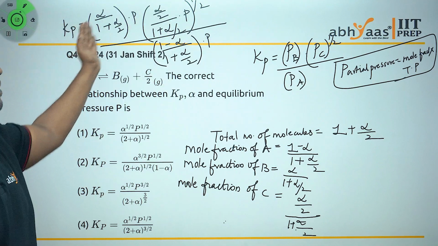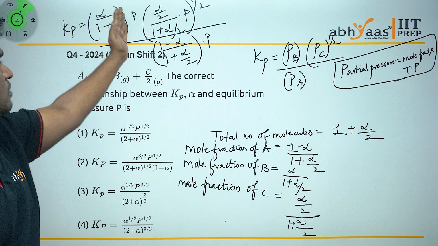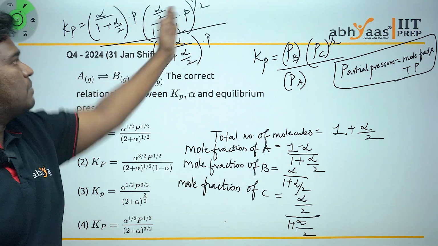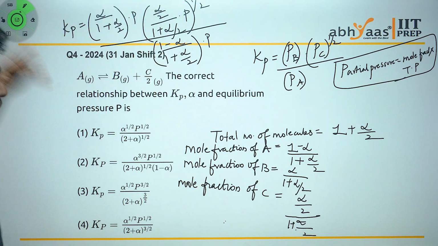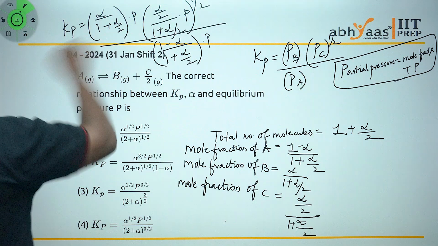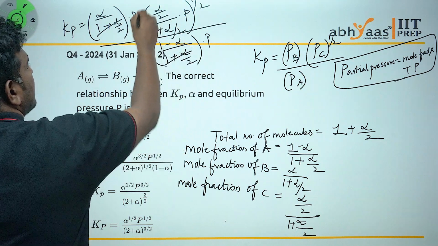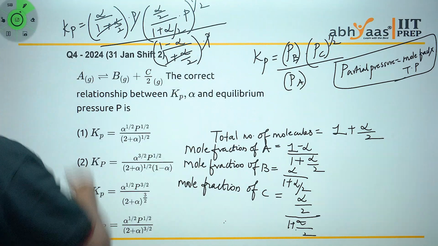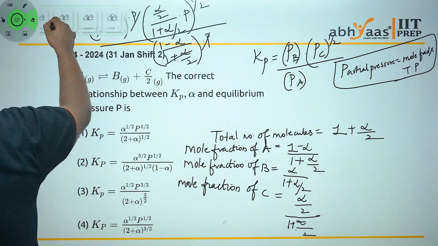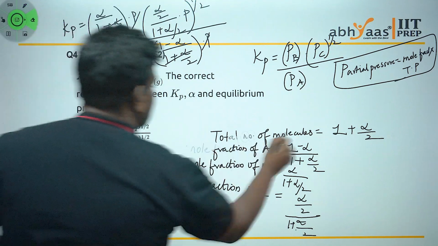Now it is simplification. I can simplify this 1 plus alpha by 2 and this 1 plus alpha by 2, and this P and P can be cut. Now moving forward, we'll just erase this part.